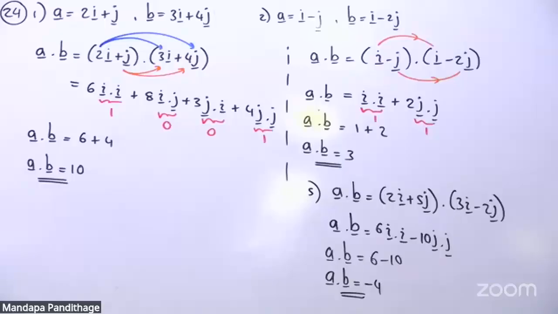Just at least start from the product. So we need to show that the two vectors a plus b and a minus b are perpendicular.